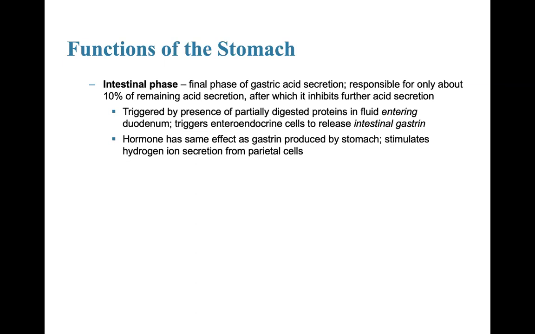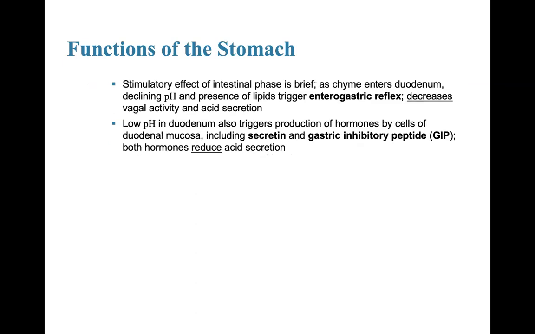The hormone has the same effect as the gastrin that is produced by the stomach, which will stimulate hydrogen ion secretion from the parietal cells. The stimulatory effect of the intestinal phase is brief. As chyme enters into the duodenum, the declining pH and the presence of lipids will trigger what is called the enterogastric reflex. This will decrease vagal activity and acid secretion.